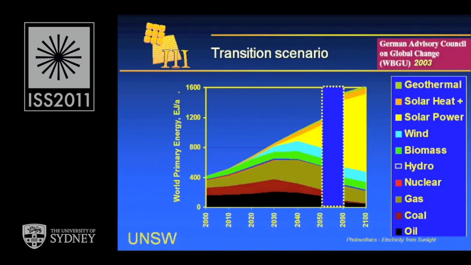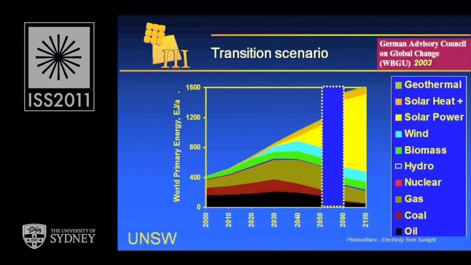So here we see the use of biomass increasing, wind starting to kick in in a significant way. Wind's already used on a large scale in Europe, but the total amount used is still not really significant at this type of scale.